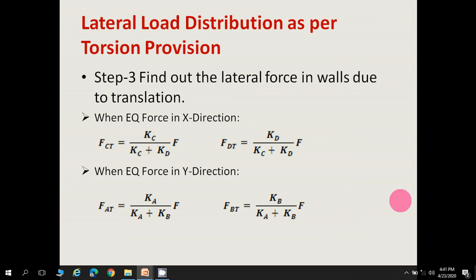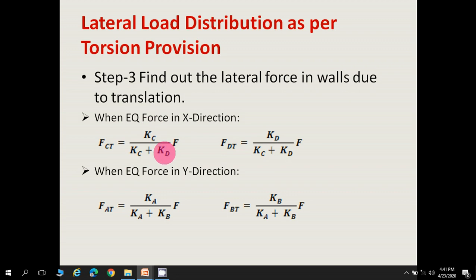according to their relative stiffness. If the stiffness of wall C and wall D, Kc and Kd, are the same, then it is taken as K, and F_CT, the lateral force due to translation in wall C, is given by Kc divided by Kc plus Kd into F. This Kc divided by Kc plus Kd is the relative stiffness of that particular wall.